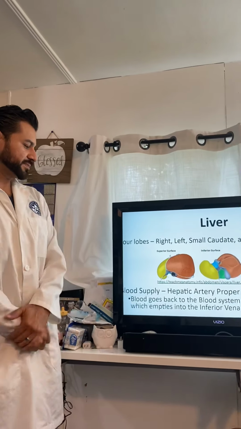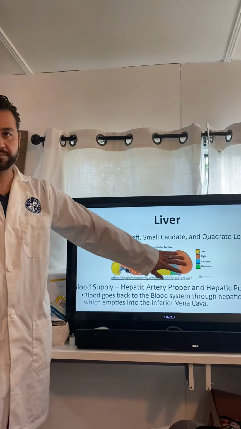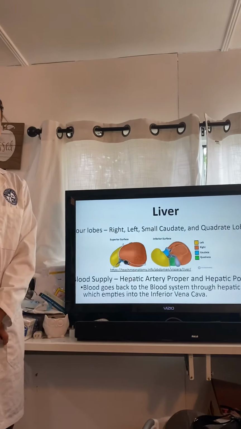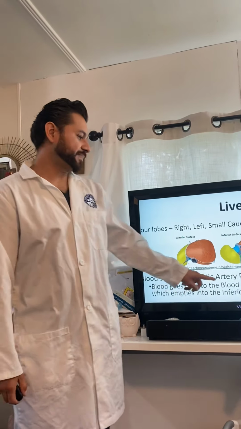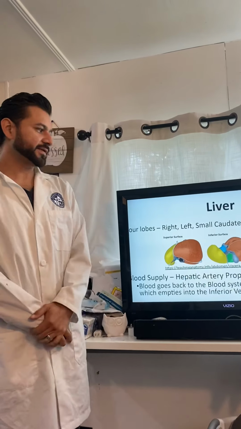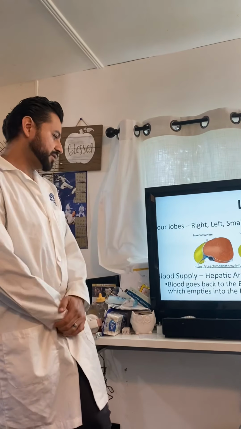The way that the liver receives its blood is by the hepatic artery proper and the hepatic portal vein. The blood goes back to the blood system through the hepatic veins, which empty into the inferior vena cava.